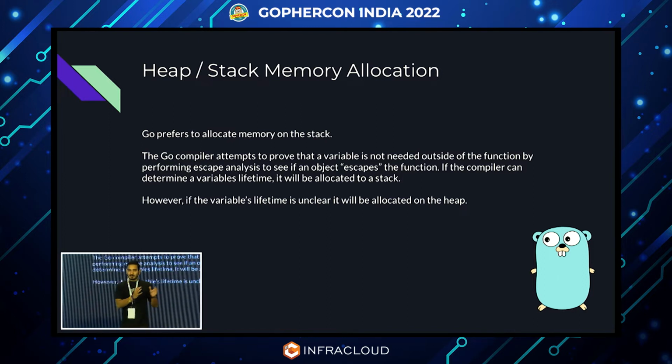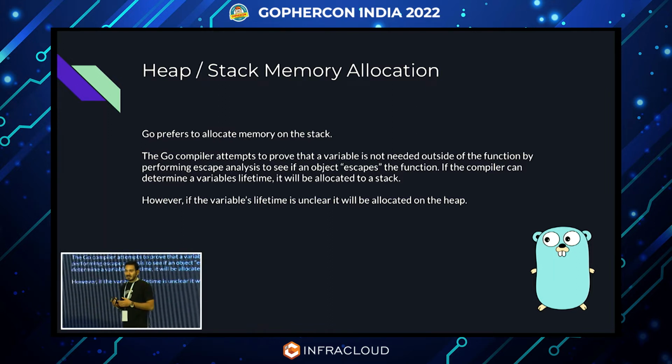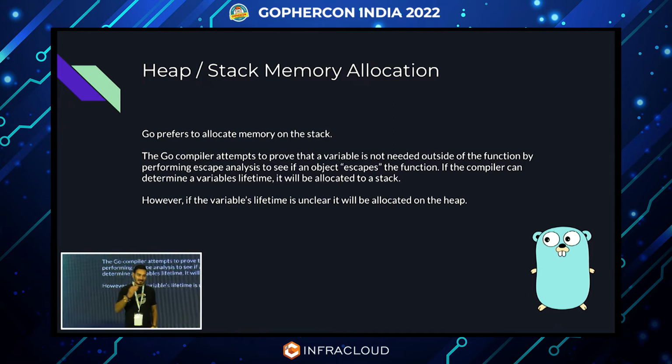So how do we decide what goes on the stack and what goes on the heap? As of now, Go prefers to allocate on the stack. Stack memory is cheaper. Heap memory is a bit costly. We'll come to why heap memory is costly and why stack memory is cheaper.